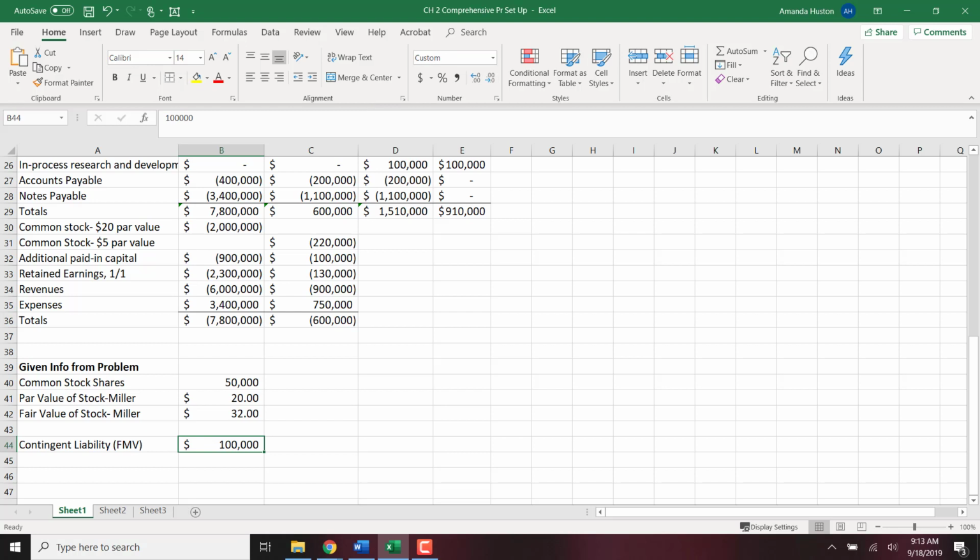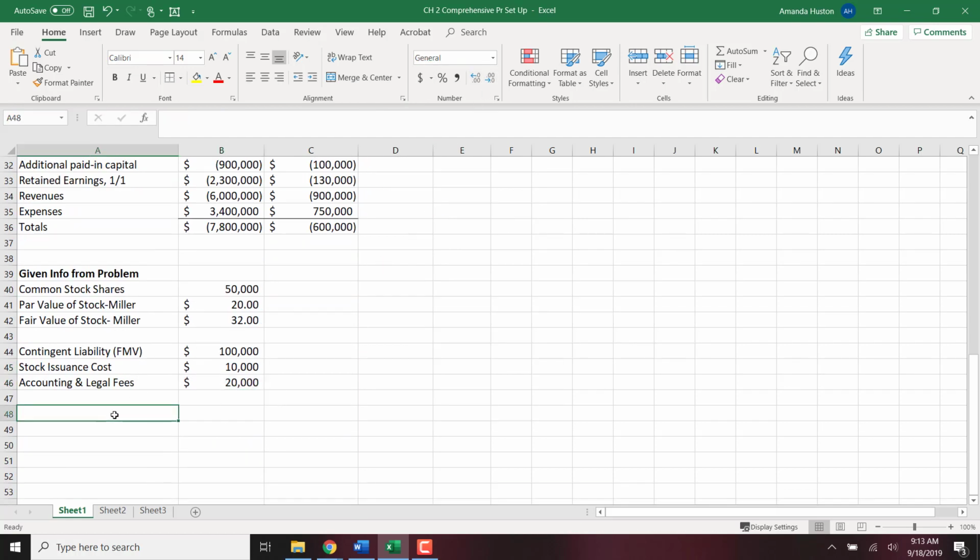And then we had stock issuance cost of $10,000, and accounting and legal fees $20,000. Okay. So now I've put down the given information.